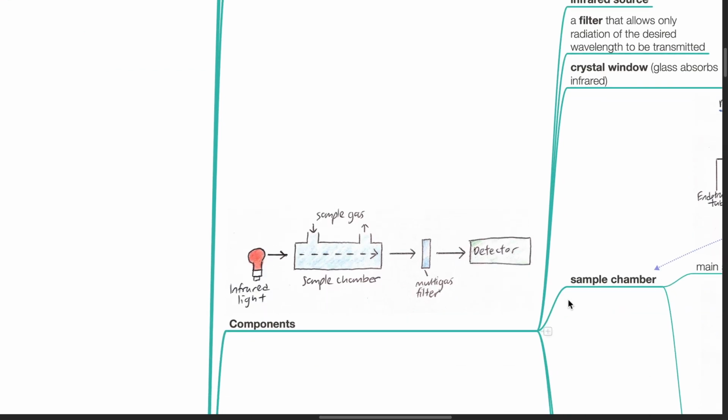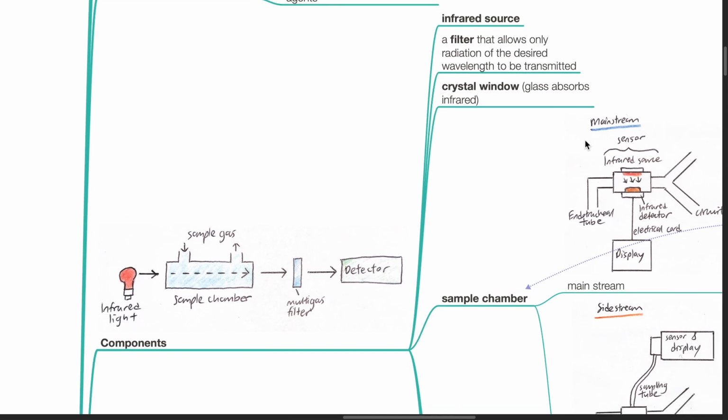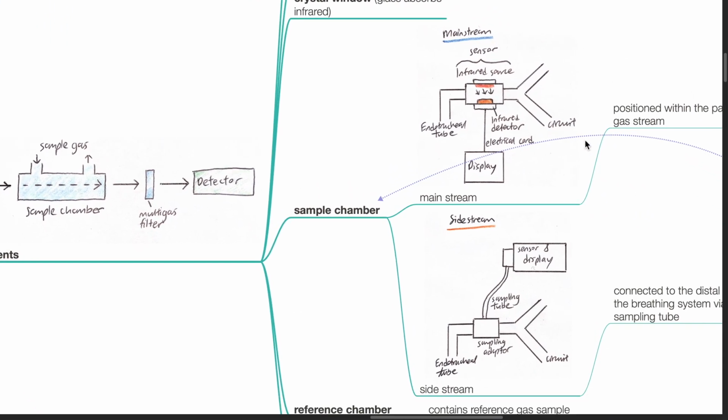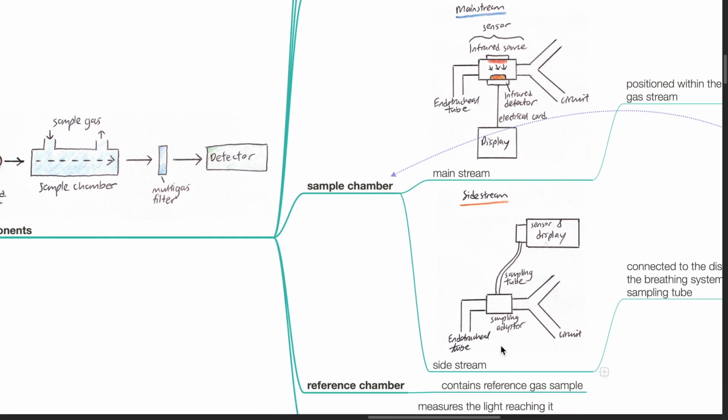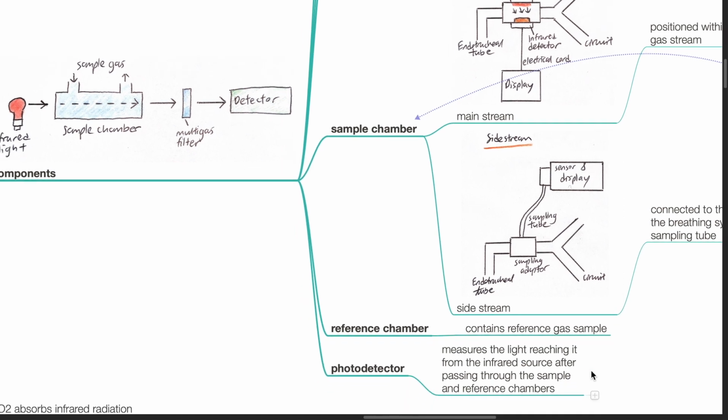The components of the system include an infrared source, a filter that allows only radiation of the desired wavelength to be transmitted, a crystal window, a sample chamber, which can be mainstream or side stream, a reference chamber that contains the reference gas sample, which is usually room air, and a photodetector, which measures the light reaching it from the infrared source after passing through the sample or reference chambers.